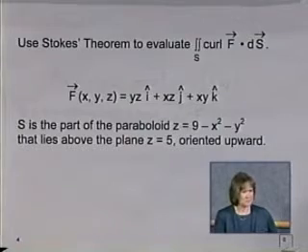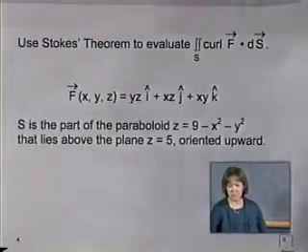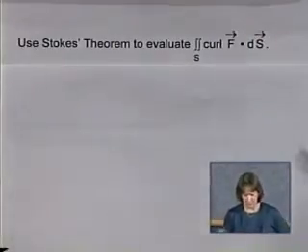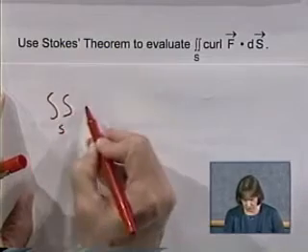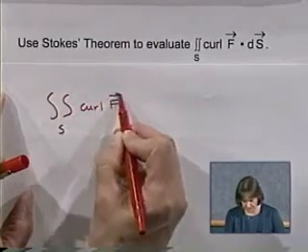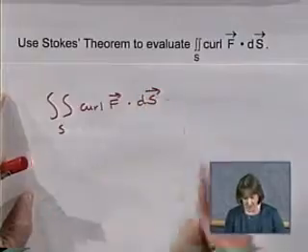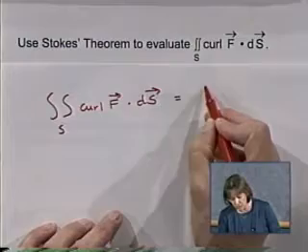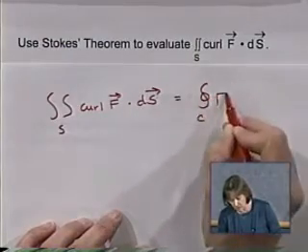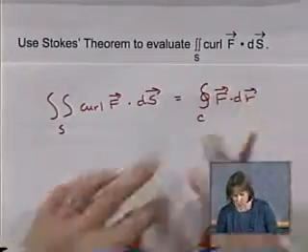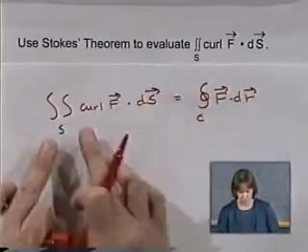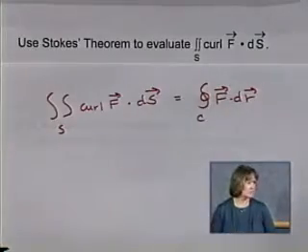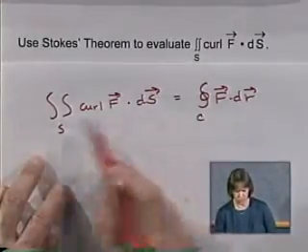Sometimes I get upset with textbooks, because if someone asks me to evaluate the curl of F dotted with dS, I would try doing it just like that, even though Stokes' theorem says this equals the integral along the edge of F dot dr. We will do it that way because they say to use Stokes' theorem, but let's pretend we're going to do it directly.